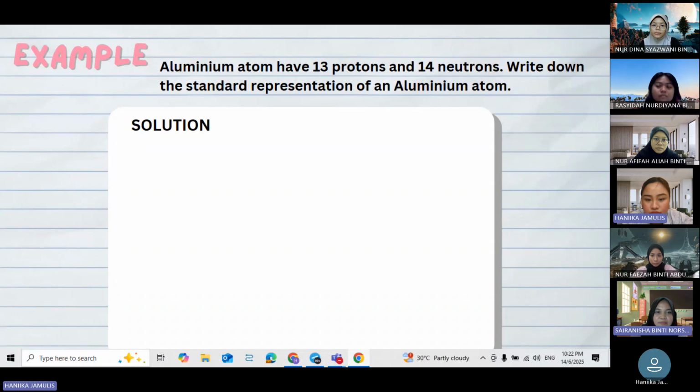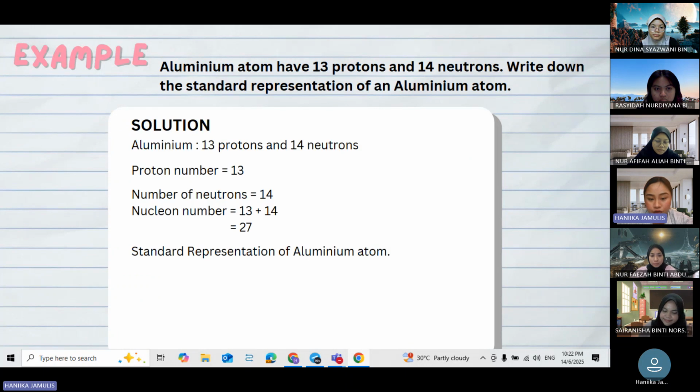Write down the standard representation of aluminium atom. Okay, good. Thank you, Isha. From the first example before, we know that proton number is 13 and the nucleon number is 27, right? This is from the previous one.